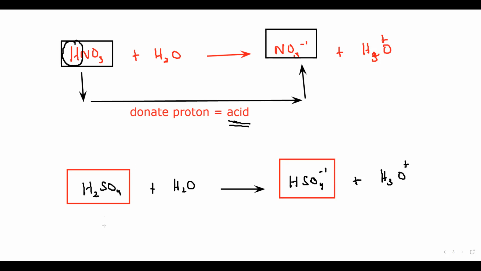To apply the definition of acid, what is the definition of acid? Acids are proton donors. A substance that gives or donates a proton, we call that substance an acid. First it had 2 hydrogens, as you can see, H2SO4. Then HSO4 means it has only one hydrogen.